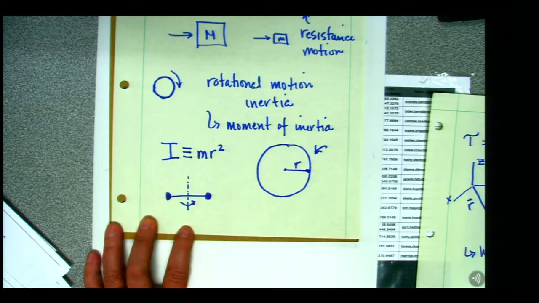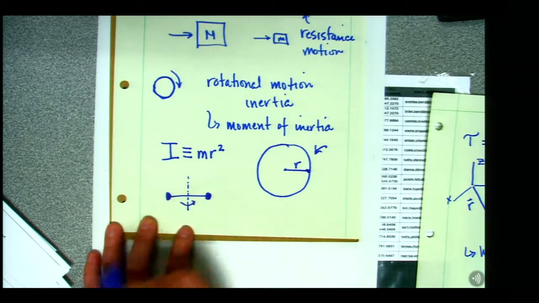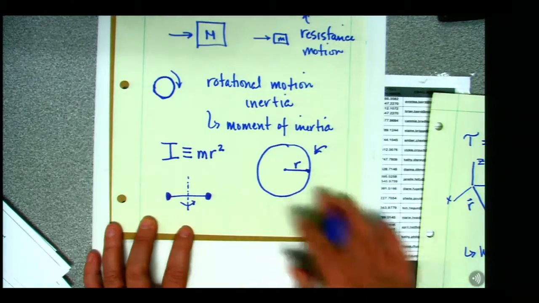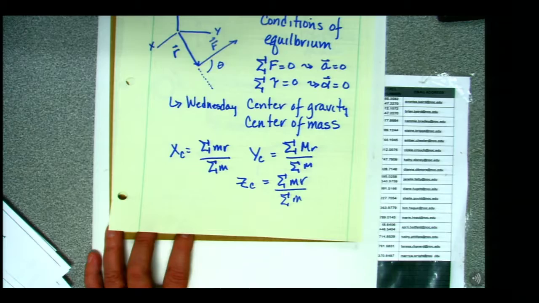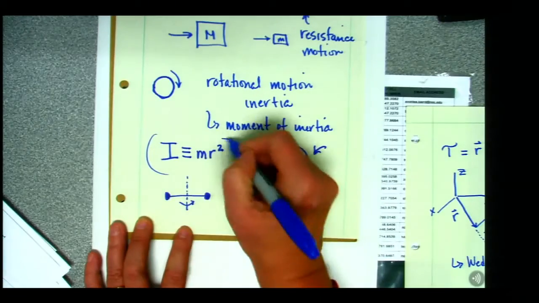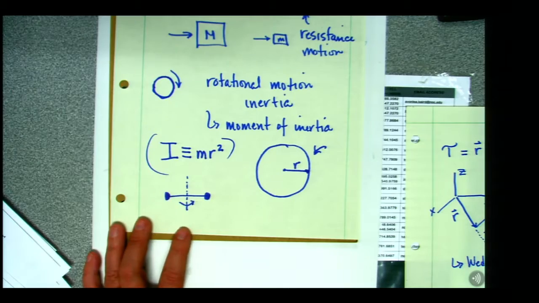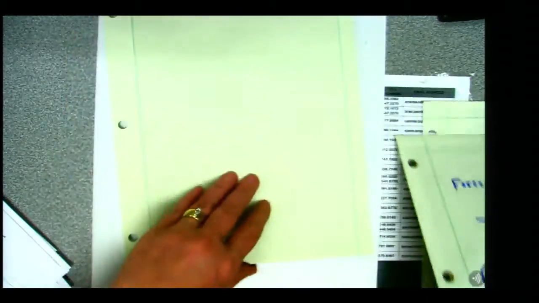I can calculate a moment of inertia for this because I'm looking at where those individual masses are, just like I did for the center of mass. We'll actually work a problem today that looks at a lot of those things.